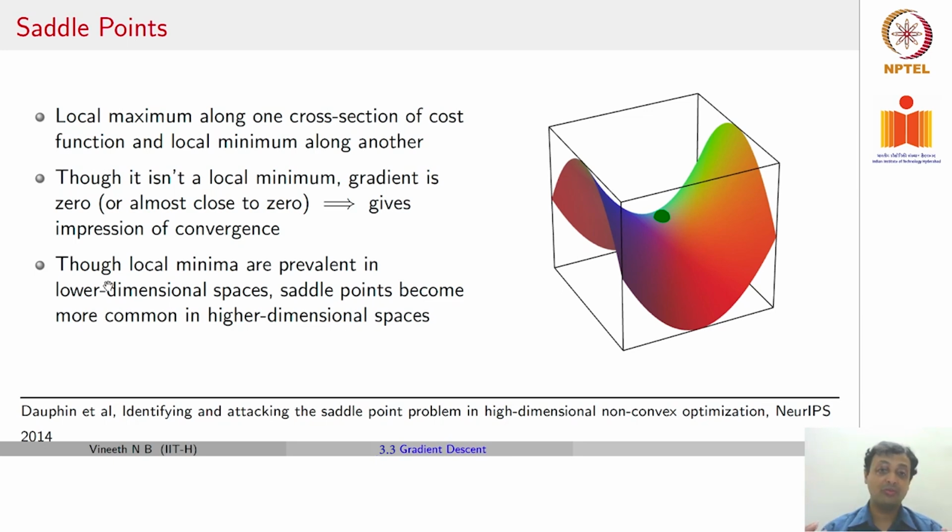And when you have a very large dimensional space, it's more probable that there are some dimensions where that particular weight configuration could be a maximum. That's a simple intuition for why saddle points proliferate as you go to higher and higher dimensions.